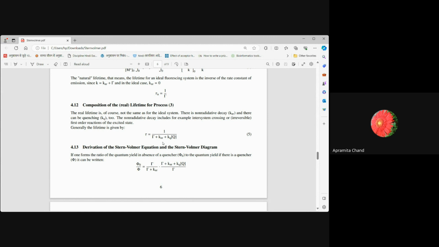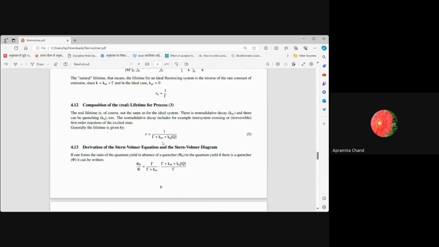Let us form the ratio of the quantum yield in the absence of the quencher to the quantum yield in the presence of a quencher. Let us take phi_0 as the quantum yield in the absence of a quencher. The rate constant will be just that of the emission: the rate constant of emission divided by the rate constant of emission plus the rate constant of non-radiative decay.